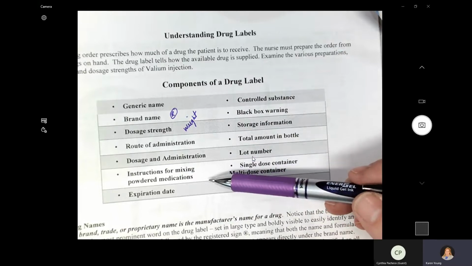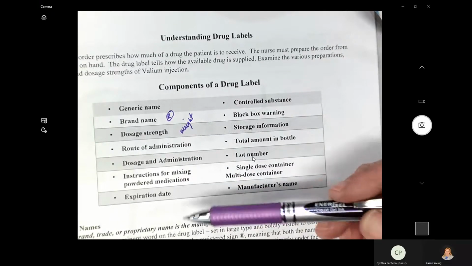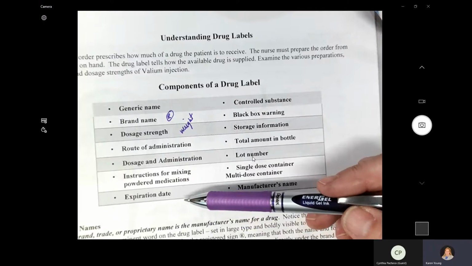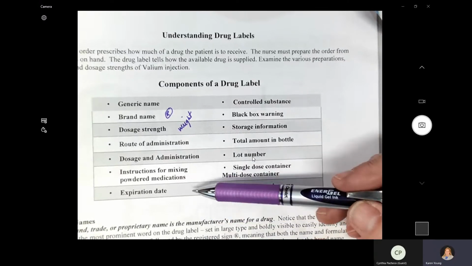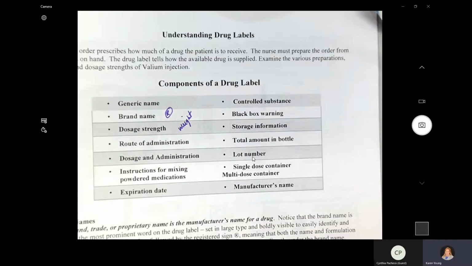The instructions for mixing a powder medication are for when we reconstitute medications. We'll get into that in Chapter 12. Every label that's out there will have an expiration date. The ones that I print from the internet don't always have an expiration date or a lot number. But if you pick something up from the pharmacy, or even an over-the-counter drug at Walmart, it will still have an expiration date and a lot number.